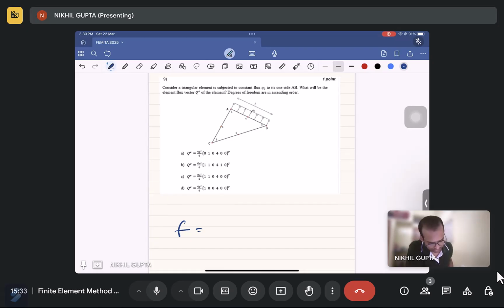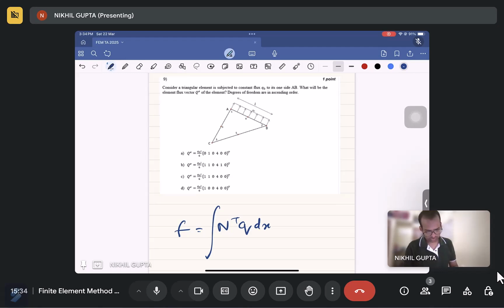Yeah, so basically only the force will come at 1, 4 and 2. So they want to distribute the UDL on the nodes. Yes, I've discussed such questions. And for the parabolic variation it was N transpose Q dx. It was something like this, no?